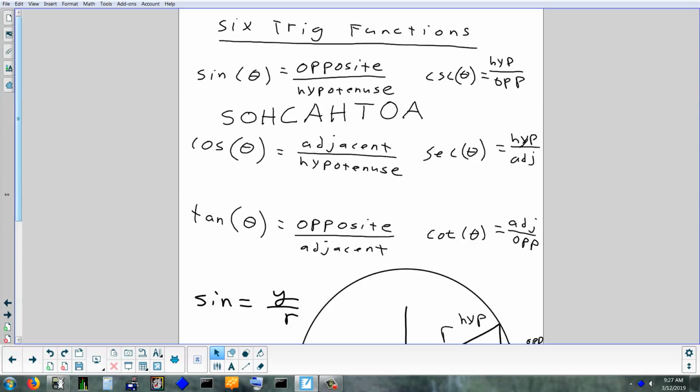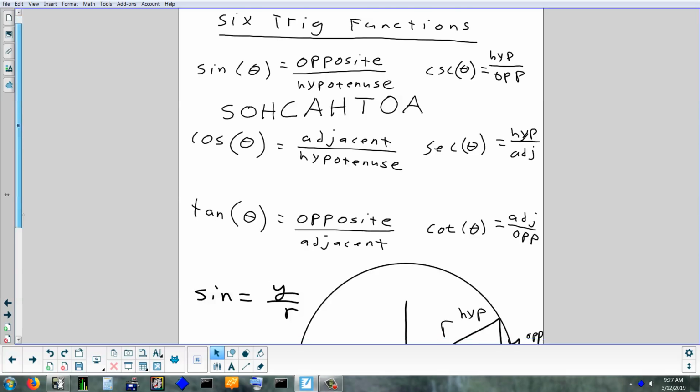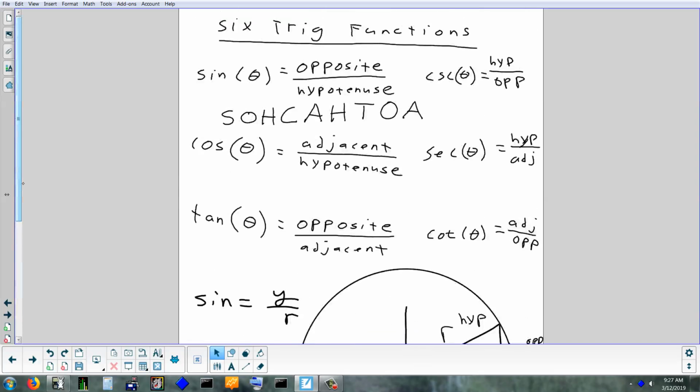At least in the past, one year I asked, how do you remember what it is? And someone said Sacagawea, but Sacagawea doesn't help. Not with this. But Sokotoa, that'll help. All right, and then if you remember the first three, you just flip them to get the other three. Okay. So any questions on the 6 trig functions?